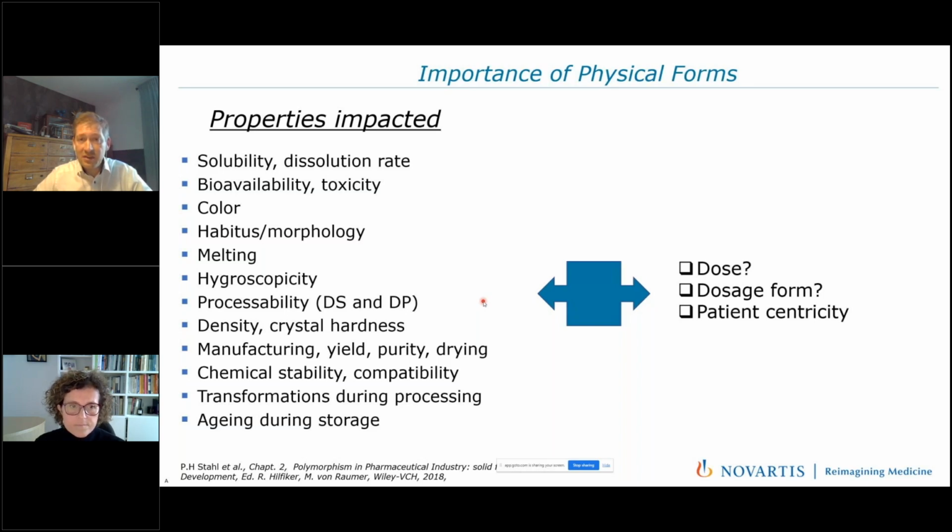Ultimately, we do want to engineer drug products which exhibit the key quality attributes that we want to design in order to meet the target dose and the target dosage form, and as I was mentioning before, to minimize the patient burden, so that we have a drug that can be easily administered to the patient, or let's say as easily as possible.